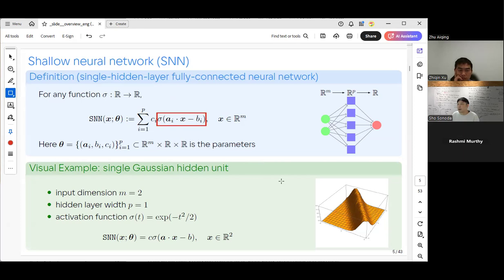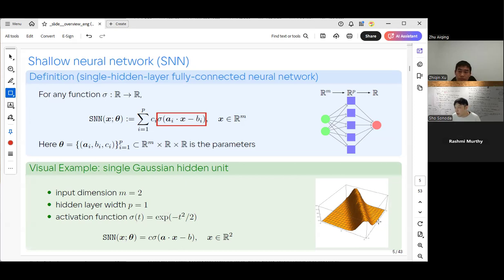In order to visually understand the shallow neural network, here I plot a figure of a two-dimensional input case with a single hidden unit. The bottom two-dimensional space corresponds to the input space, and the vertical axis corresponds to the output dimension. For the purpose of visualization, I choose sigma to be a Gaussian.